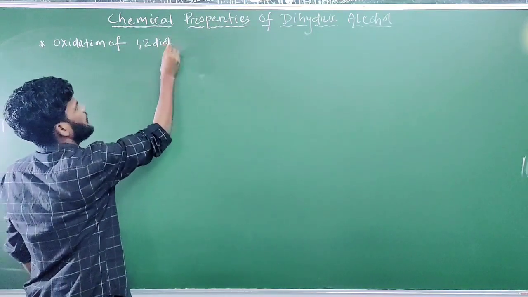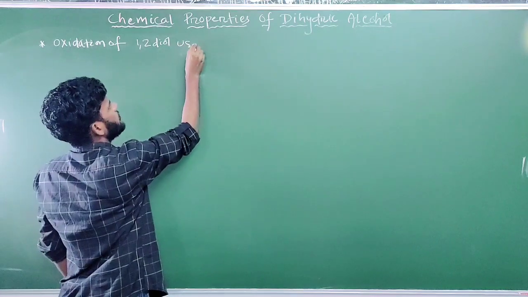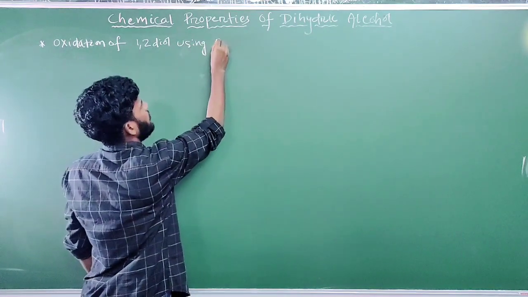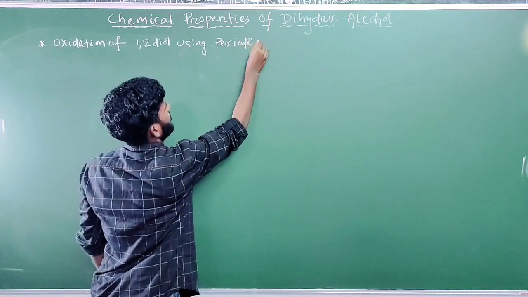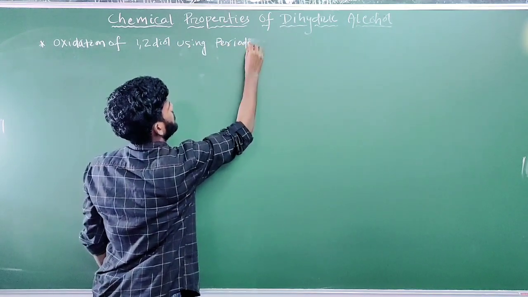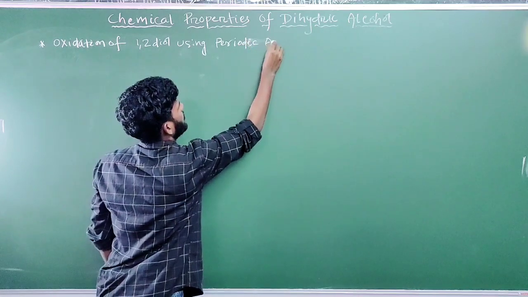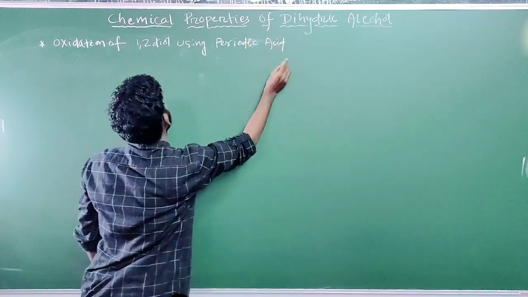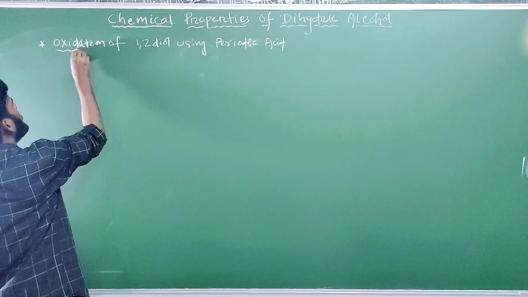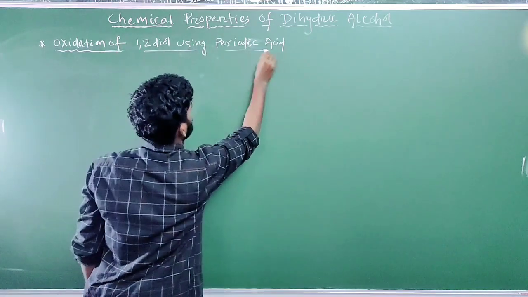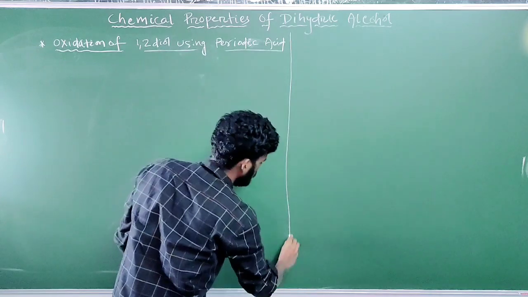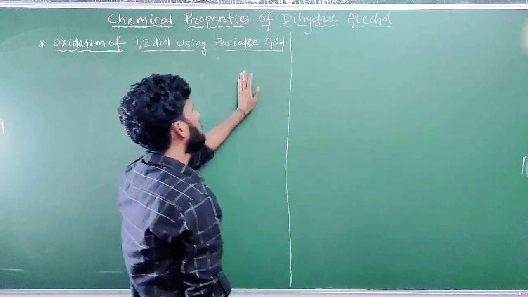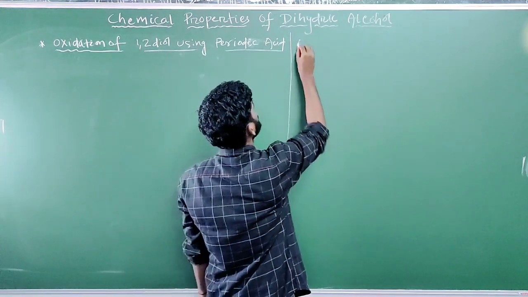Oxidation of 1,2-diol by using the first reagent, periodic acid. And the second, both the reagents have the same mechanism. So let's have a smart study.